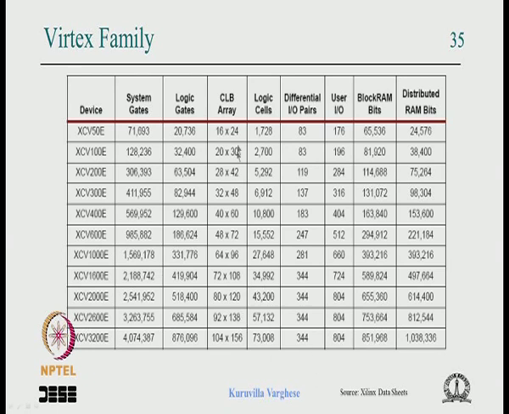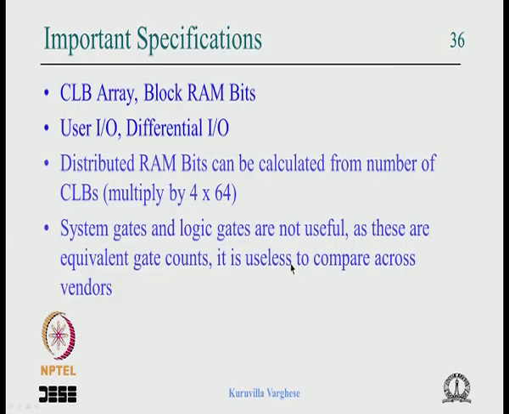If you understand well, then you can make your decision objectively, knowing the architecture and knowing the essential specs. So basically, in this case, the CLB array, the block RAM bits, user IO, differential IO, all that are the important specs.